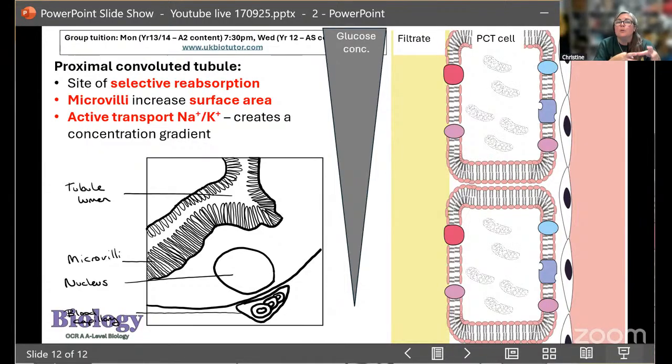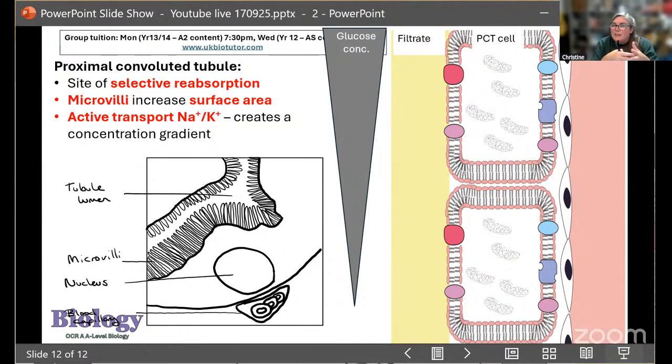So for something to move into or out of a cell, it must have the right channels to allow for that to happen. So these cells have differentiated to have the right channels in the right places for the movement of substances, whichever direction they need to go.